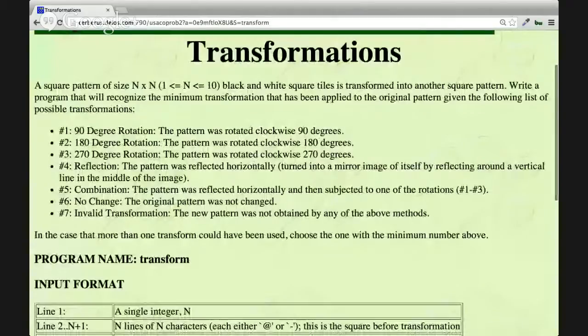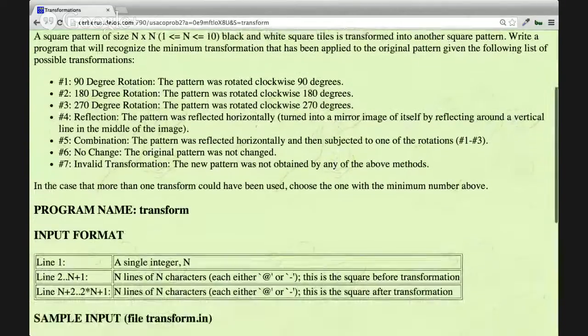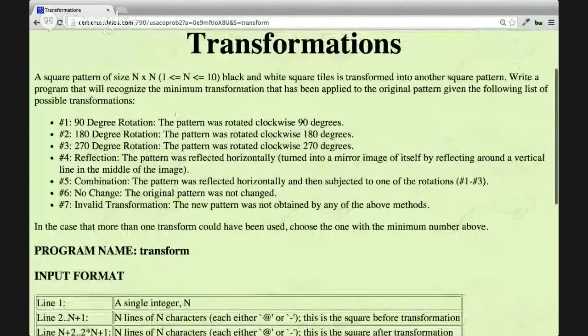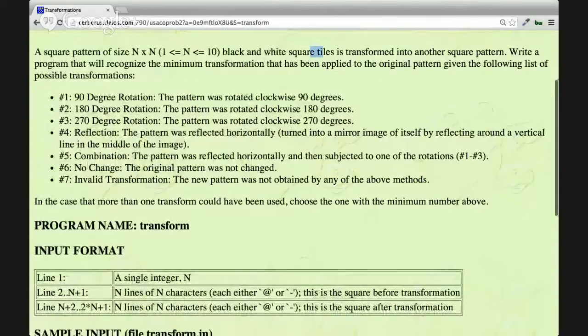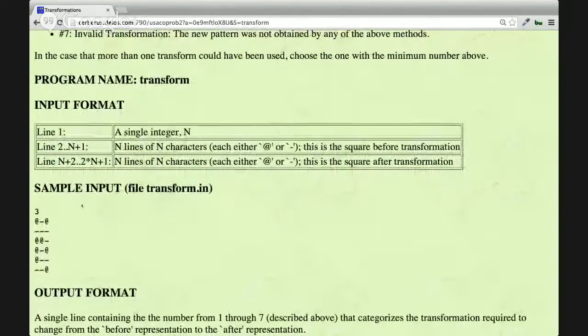It's about parsing in a two-dimensional array with a range from 1 to 10. It's black and white square tiles. They're giving you the square pattern. So what we need to do is find out the pattern of the transformation itself. Below are the examples of the input.